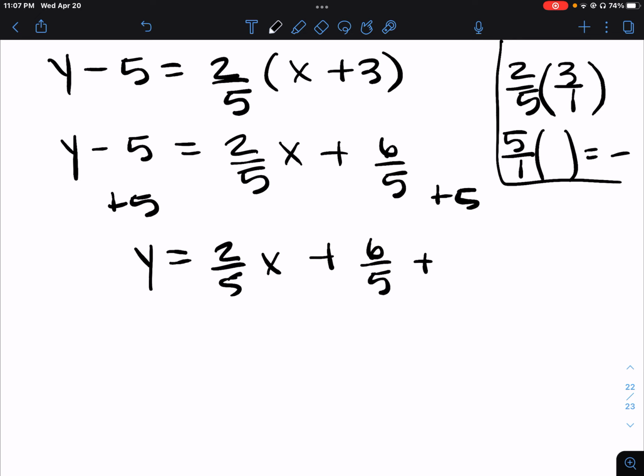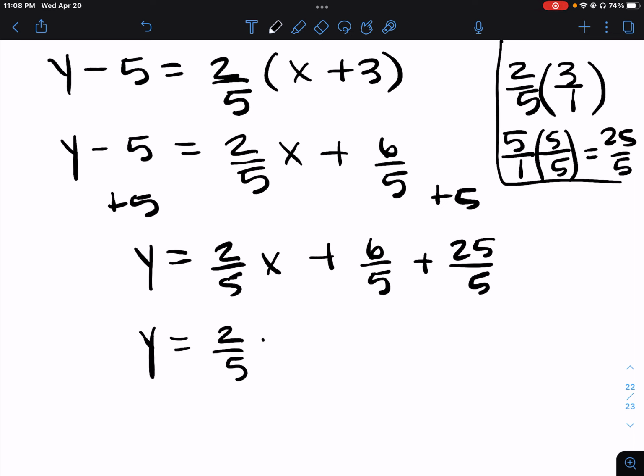If I want a common denominator of 5 to add to 6 over 5, that would be 25 over 5. 6 plus 25 is 31 over 5.